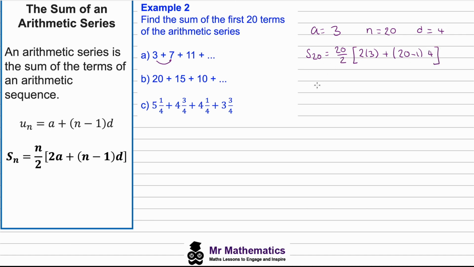We can simplify the right-hand side, so we get 10 multiplied by 6, plus 19 times 4. And this gives us 10 multiplied by 82, so 820. So we know the first 20 terms in this series will have a total of 820.